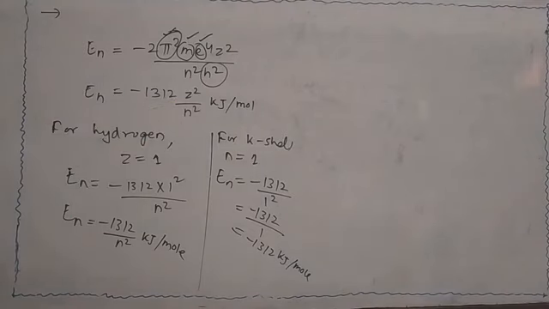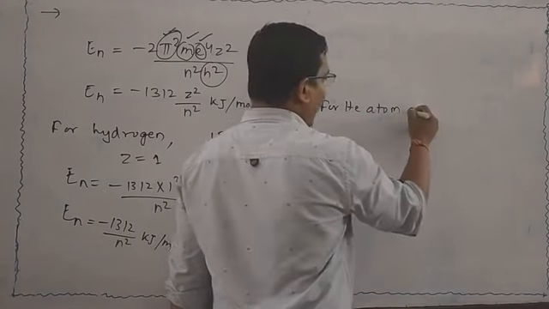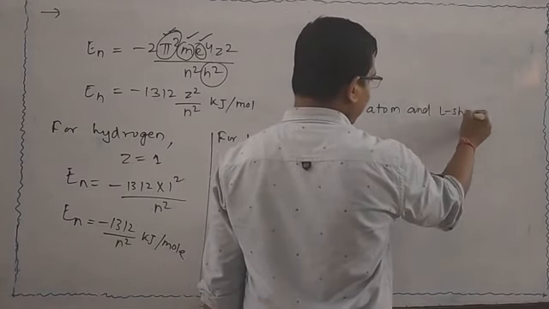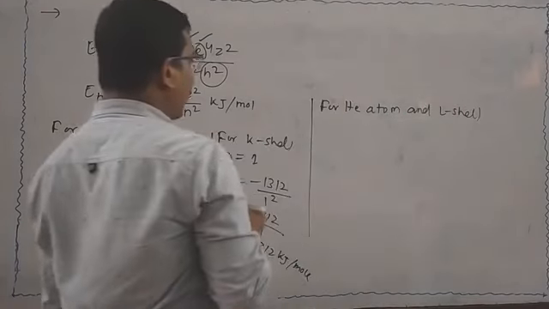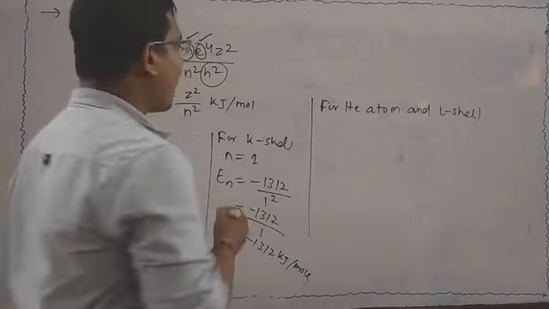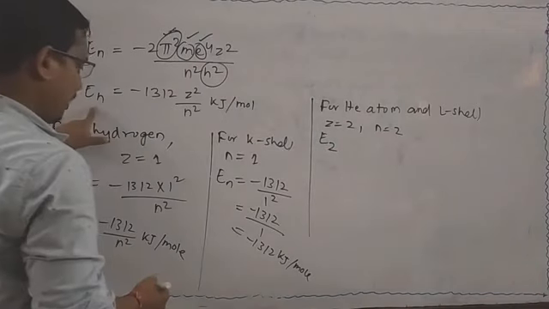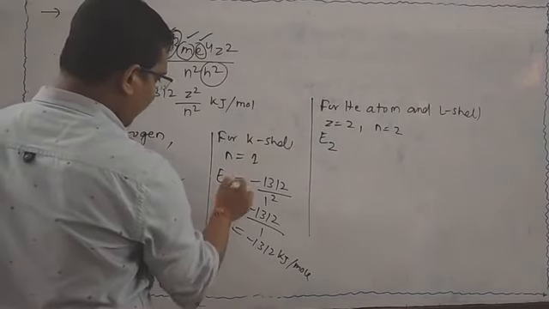Suppose for helium atom and L shell: for helium atom Z is equal to 2. For L shell n is equal to 2. Now put the values here.